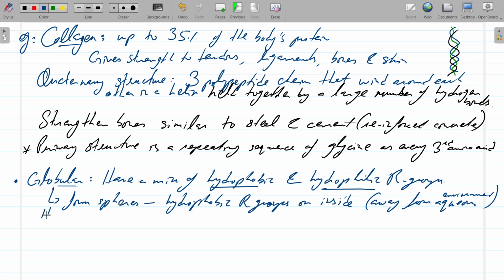And the hydrophilic R groups are on the outside, and that helps the protein be a solute in the aqueous environment.